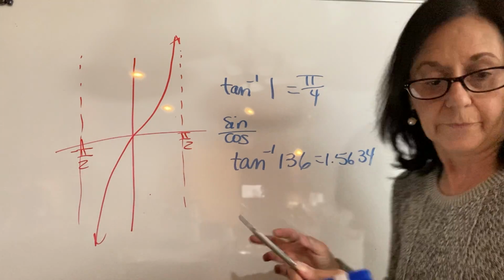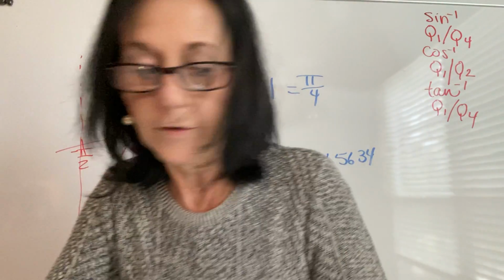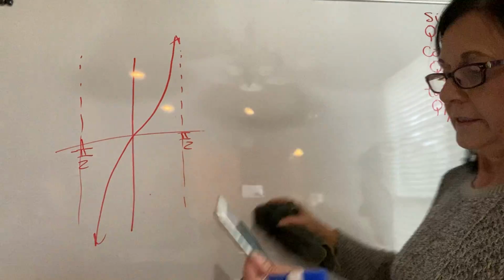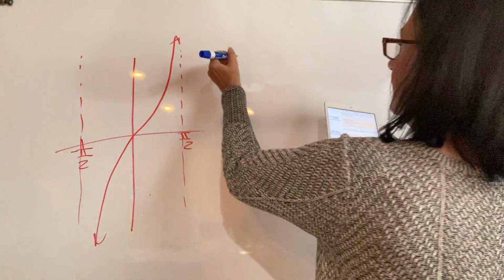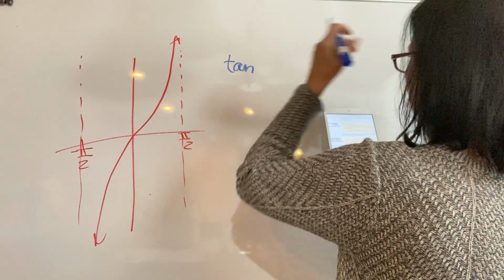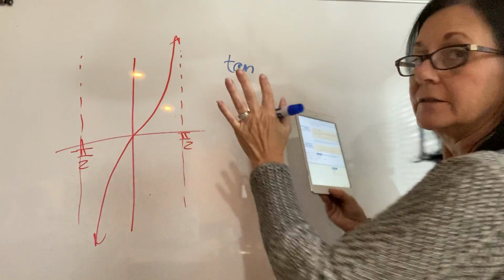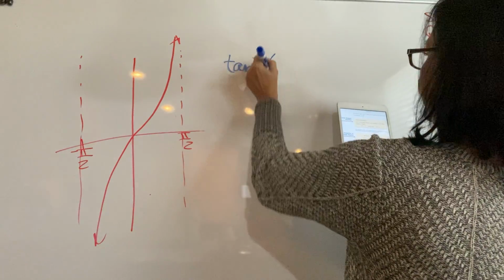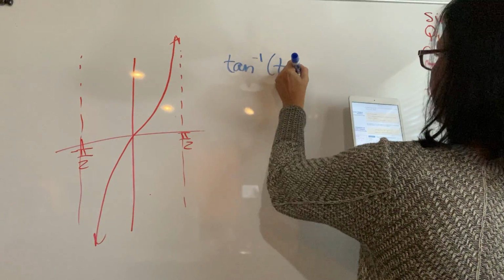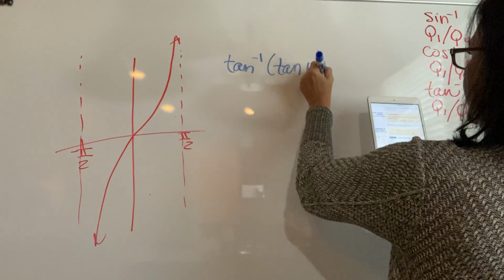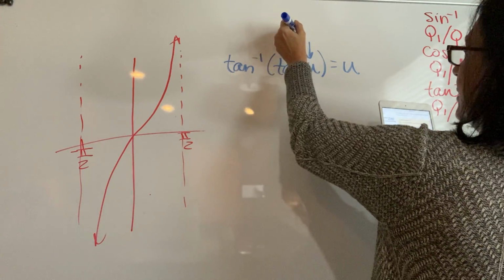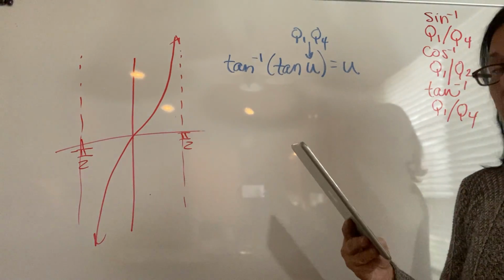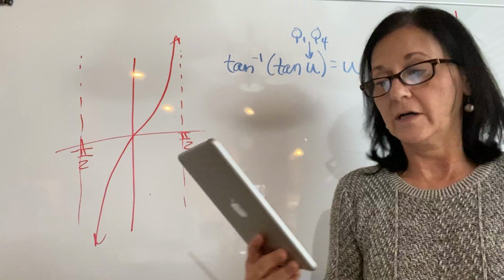Now look at the properties. These properties for the tangent are on the bottom of 535. These properties are just like the sine. The inverse tan of the tan of any radians is going to equal the radians as long as that radians is in quadrant 1 or quadrant 4, between negative pi over 2 and positive pi over 2.